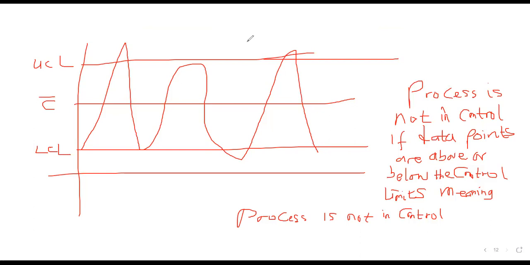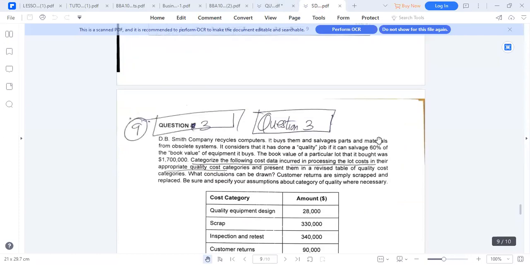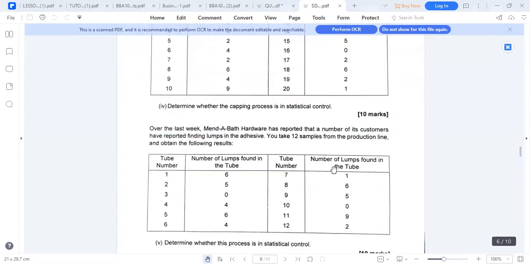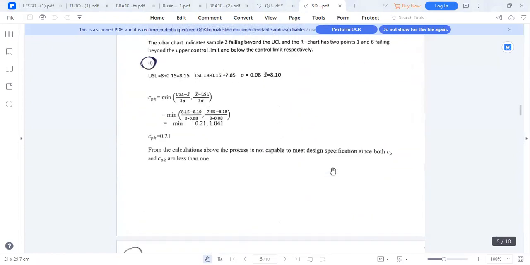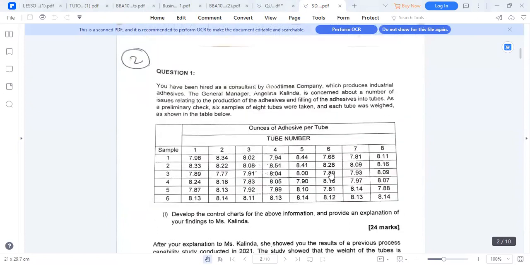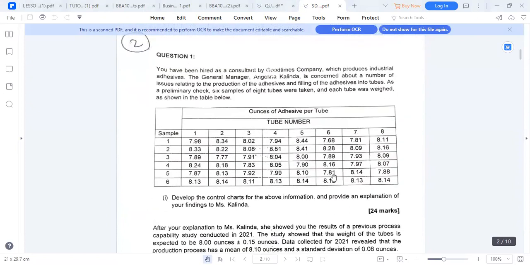So we can now get to the example. Under the control charts, we can look at this example. You have been hired as a consultant.